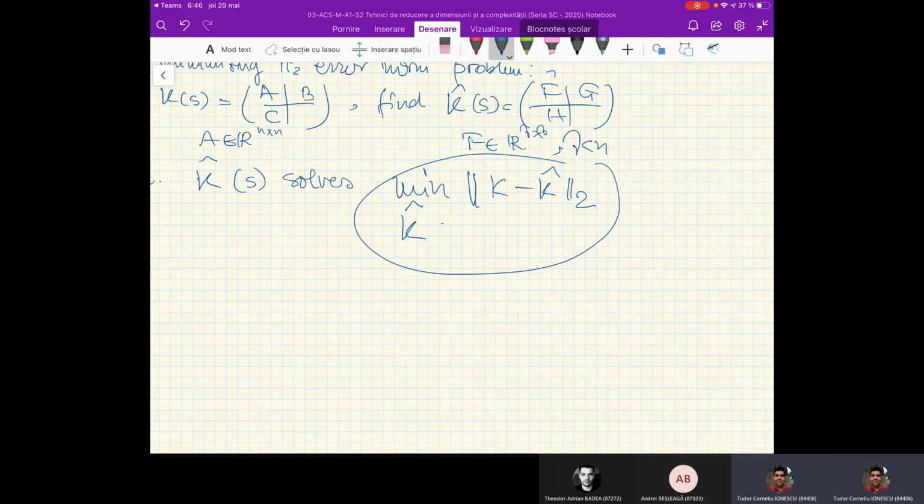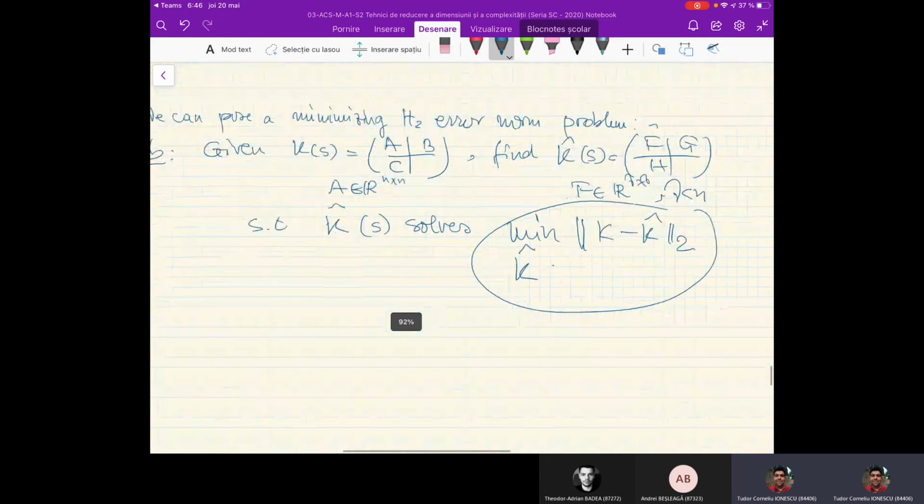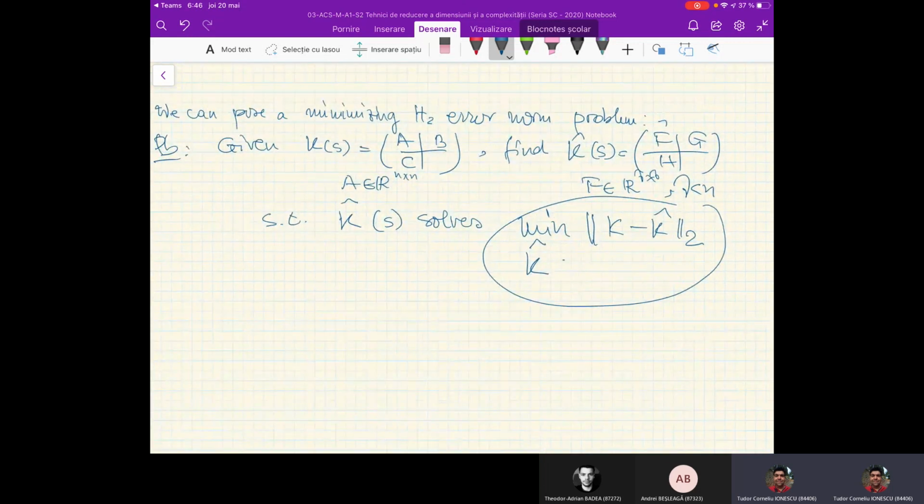This is the model reduction problem based on minimizing the H2 norm of the error.